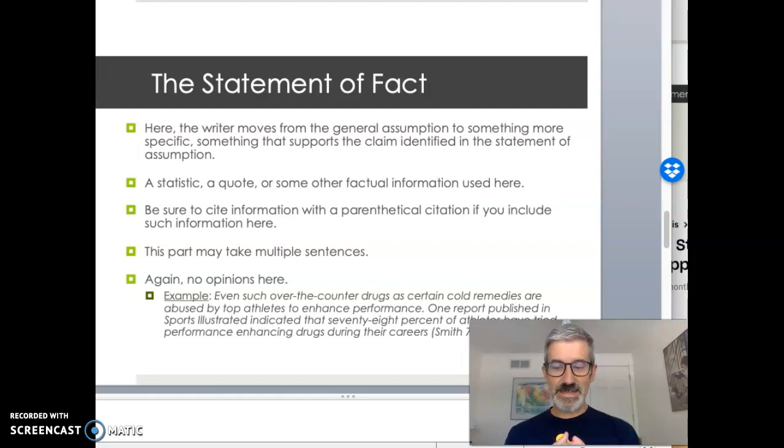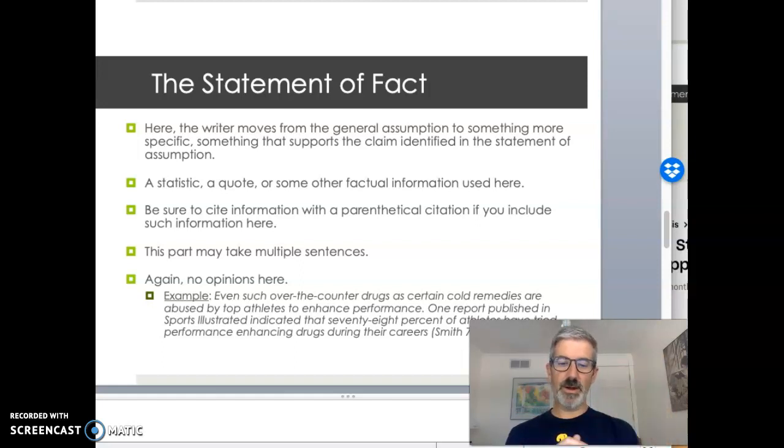Generally, this is a statistic or a quote from a qualified source, some sort of factual information. If you're doing this in writing, you want to make sure that you cite the information. If you are just speaking it, make sure that you attribute it by saying, according to so-and-so, this is the case. Again, this could take multiple sentences to do.